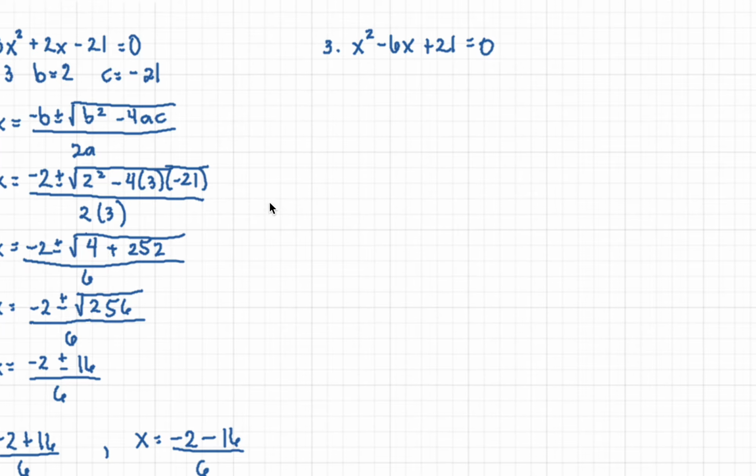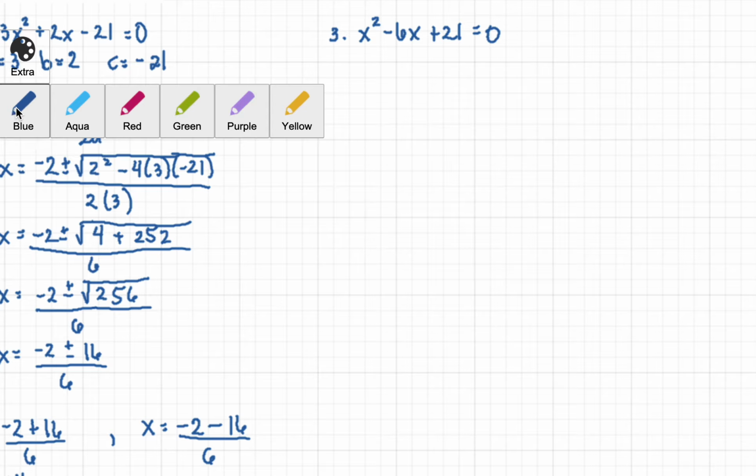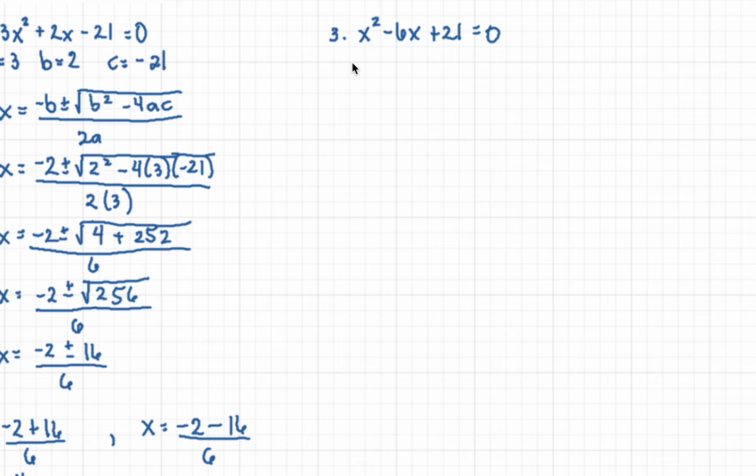Okay, so now, let's go to our next example. So, dun naman tayo sa x squared minus 6x plus 21 is equal to 0. So, again, let's identify the values of A, B, and ang value ni C. So, C is equal to 21.